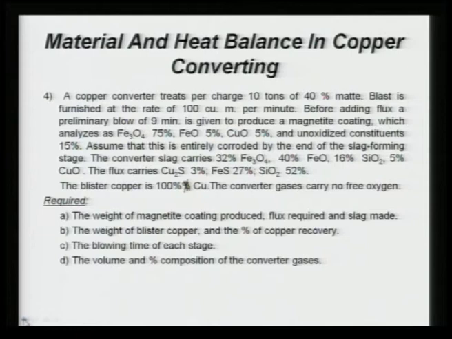The flux carries Cu2S, FeS and SiO2, and their percentages are given. The blister copper is 100% copper. The converter gases carry no free oxygen. Now, you have to calculate the weight of magnetite coating produced, flux and slag, the weight of blister copper, the blowing time, and the volume and percentage composition of the converter gases.